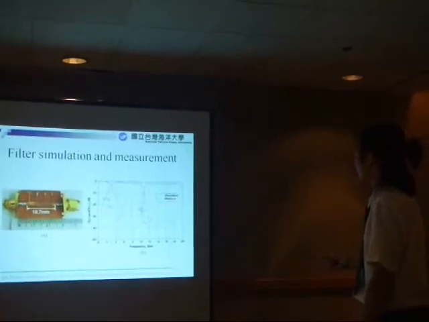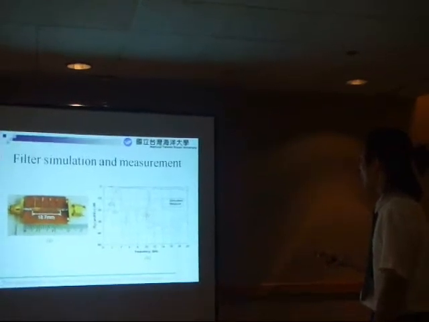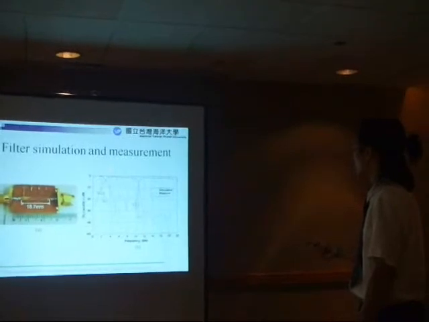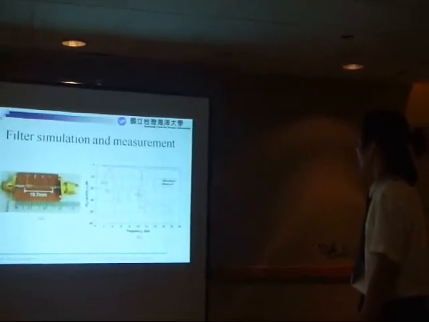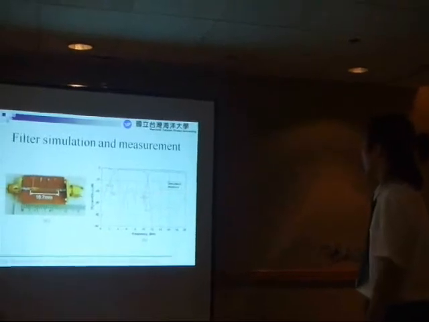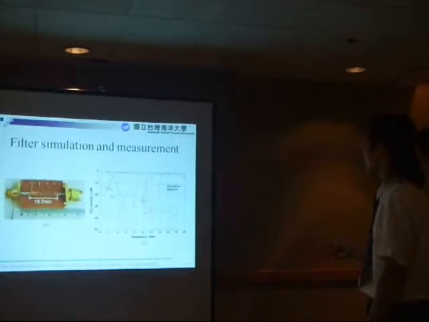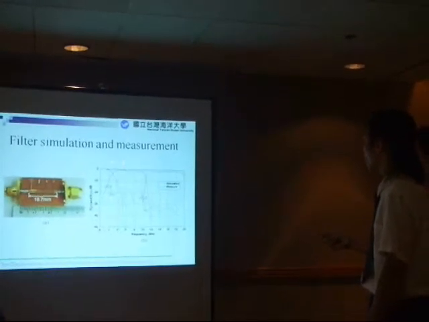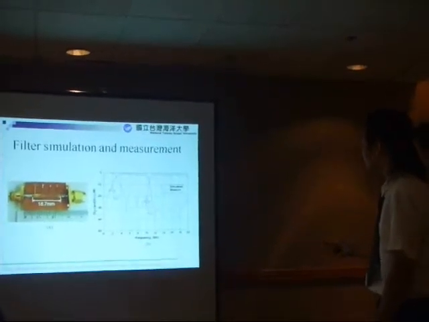In measurement, it is found that the proposed ultra-wideband bandpass filter has an insertion loss of less than 3 dB, a return loss better than 15 dB in the pass band, and an ultra-wideband pass band of 3.1 to 10.6 GHz respectively.